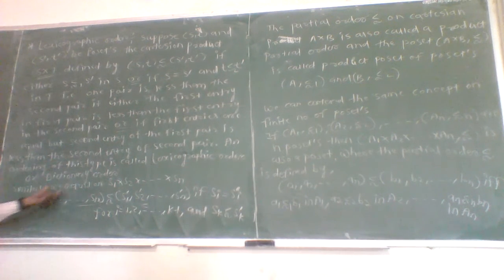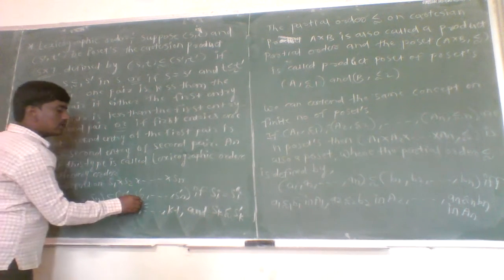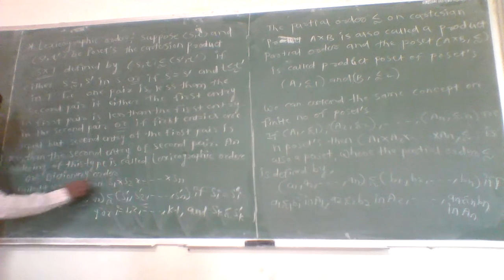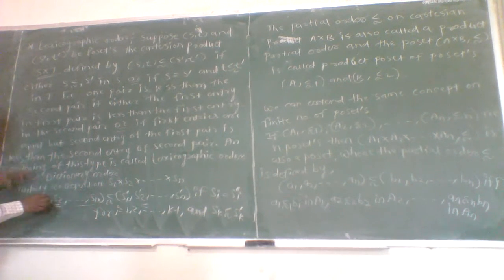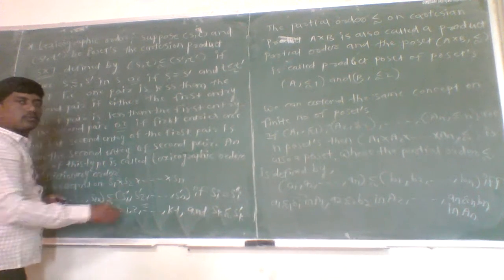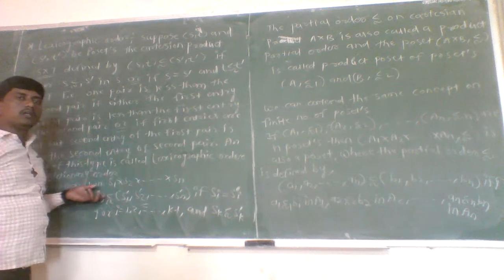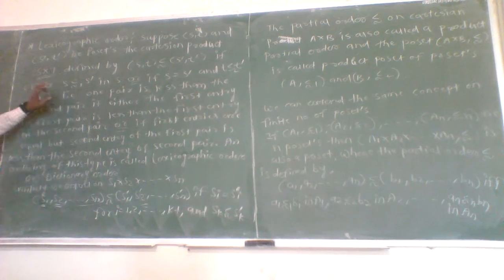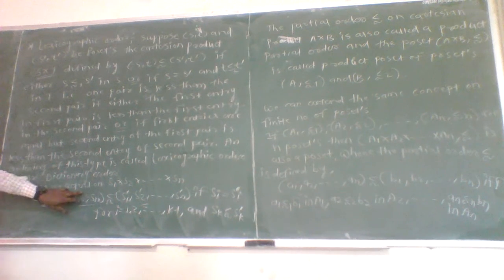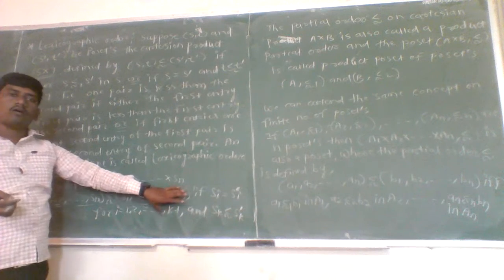But if S1 is equal to S1 dash, then we go to the next character, that is S2. Now we check whether S2 precedes S2 dash or not. If S2 precedes S2 dash, then the process stops here. If S2 is equal to S2 dash, then we go to the next character, and similarly we can check for all characters.